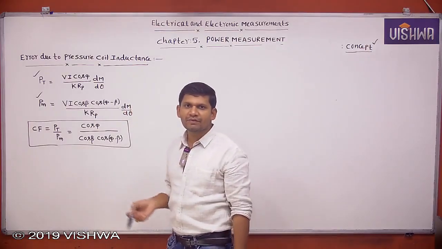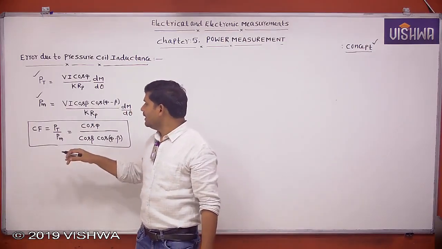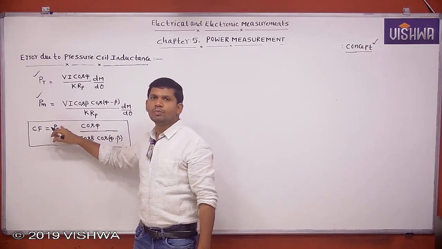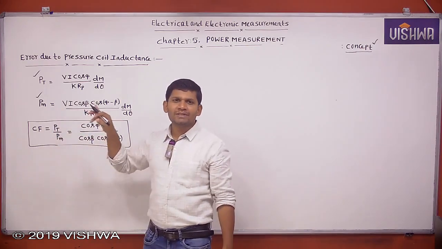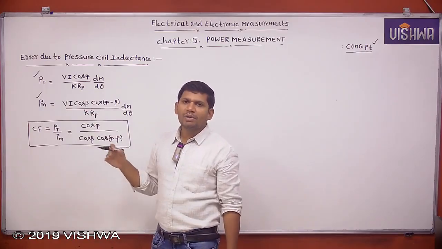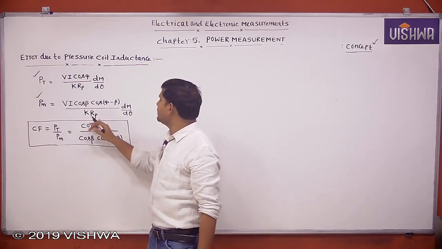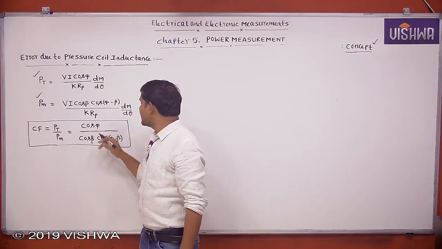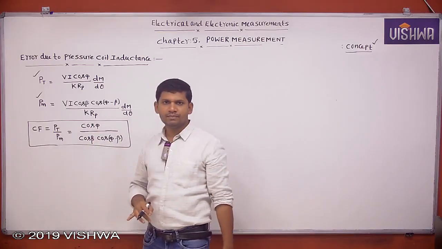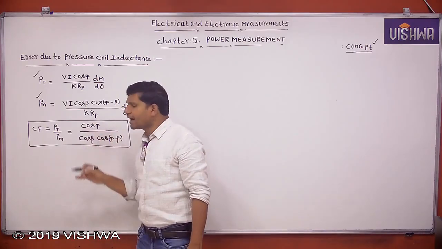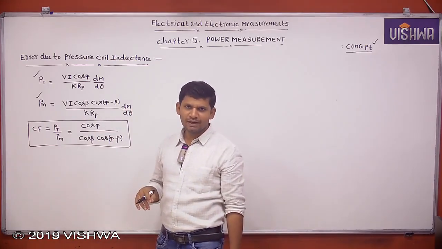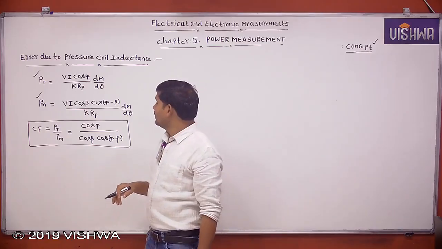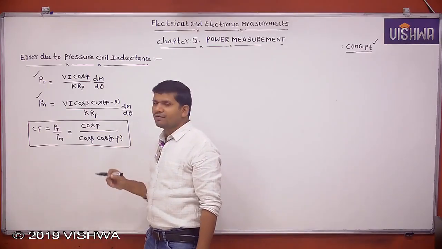That is the significance of the correction factor. Because of the error due to pressure coil inductance, you multiply with this factor, cos phi by cos beta into cos of phi minus beta. What is phi? That you know, the power factor angle. Beta is the angle due to inductance. Clear? Now this is the correction factor we can use.